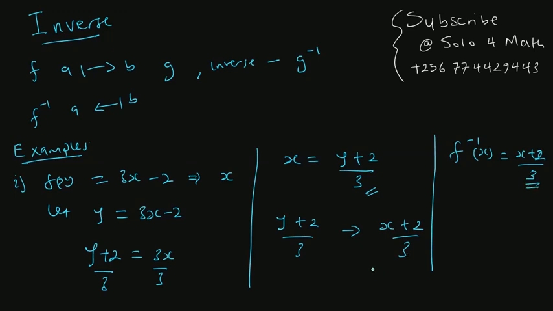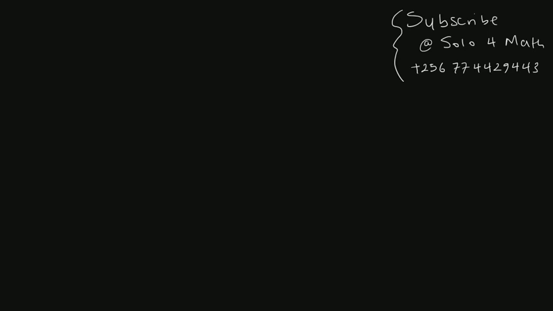All right, we'll look at another example. If you're given a function f(x) equals 3 times (x minus 2) over 4, we need to find the inverse of x.